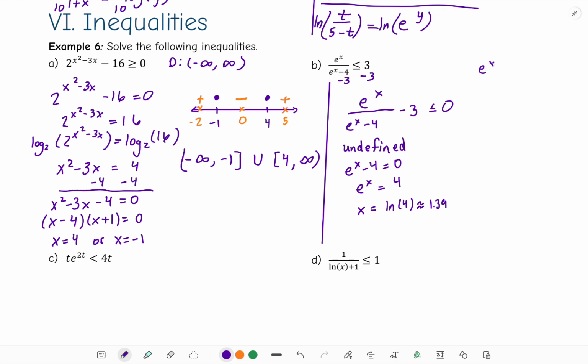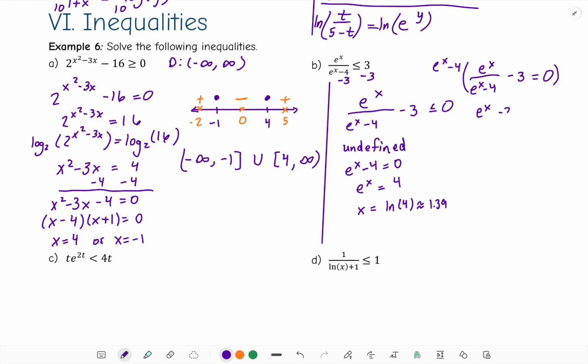Good. Next, we have to solve for when does this equal 0. So when does e to the x over e to the x minus 4 minus 3 equal 0. Now this is an equation, so now I can multiply everything by the denominator, which is e to the x minus 4. So when we multiply by the fraction, it cancels out.